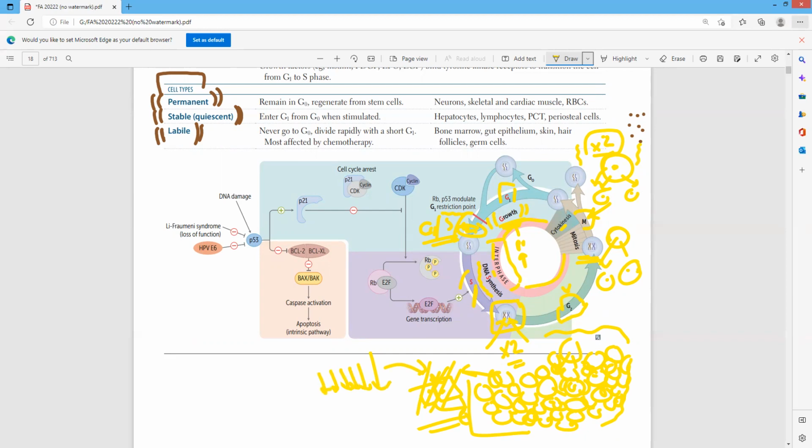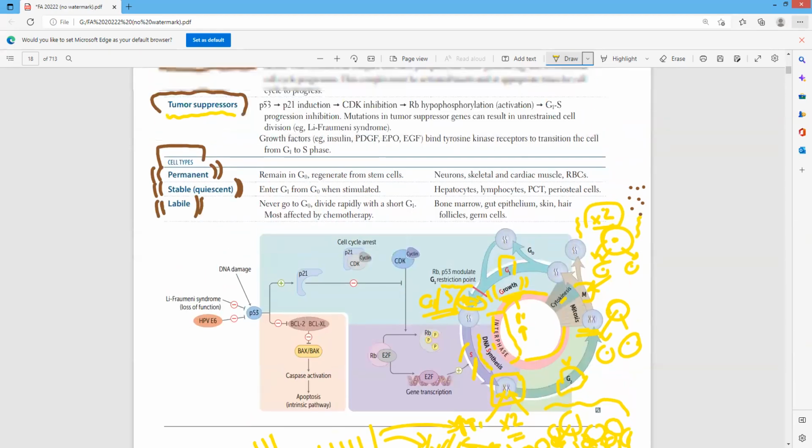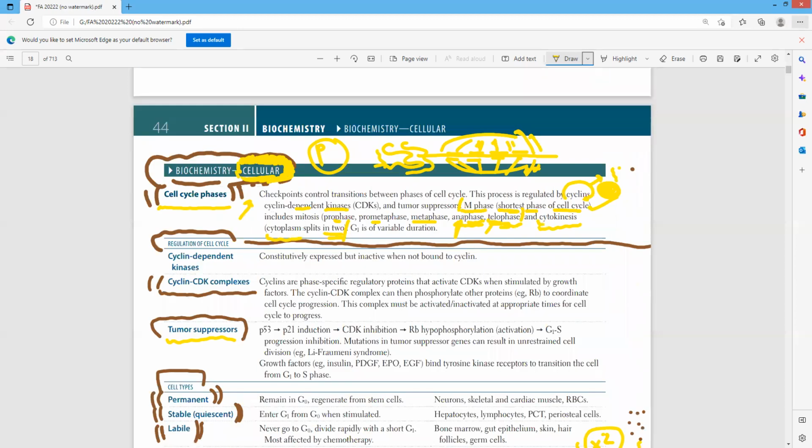You are increasing the number of non-functioning cells and decreasing the number of functioning cells. It's a response from the body to down-regulate all of this uncontrolled cell division, and this is the principle behind the tumor. Let's see that. We have G1. G1 is variable in duration.